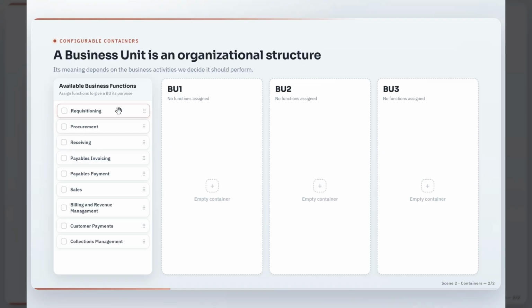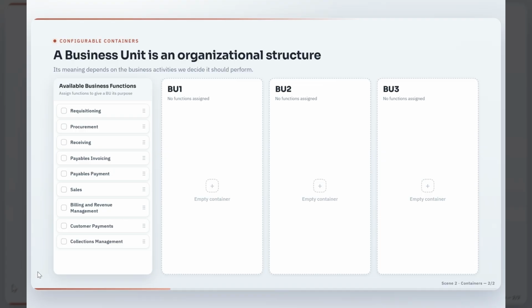Oracle offers functions such as requisitioning, procurement, receiving, payables invoicing, payables payment, sales, billing and revenue management, customer payments, and collections management. Think of these functions as capabilities. An empty BU is simply an organizational structure. Once we assign capabilities, its business meaning begins to appear.